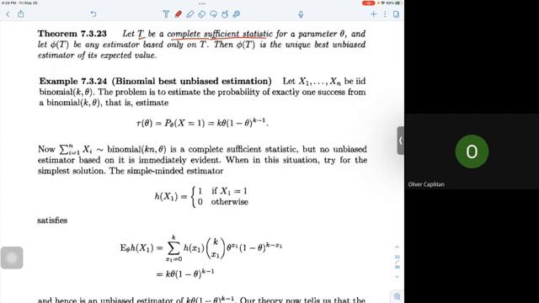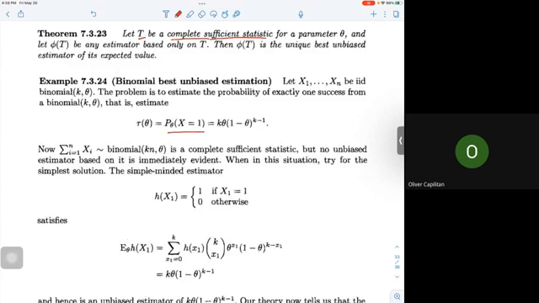So the problem is to estimate the probability of exactly one success from a binomial distribution with k number of trials and probability of success theta. That is, we're going to estimate tau of theta. Ano yung tau of theta? Exactly one success. So the probability that x is equal to 1.